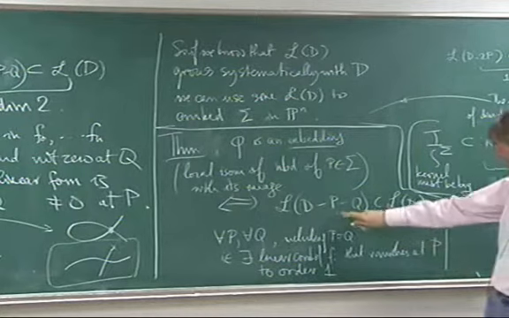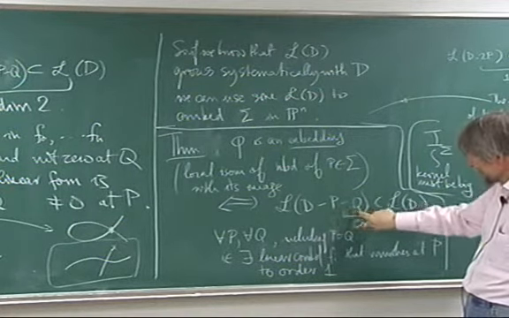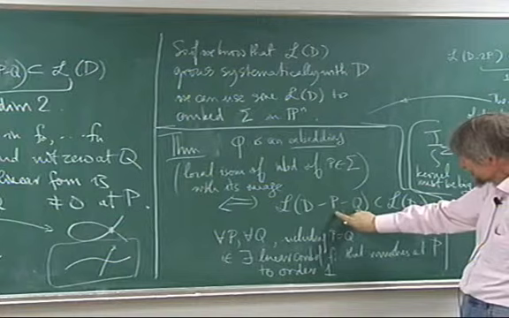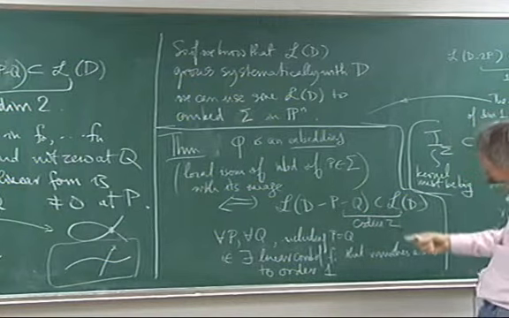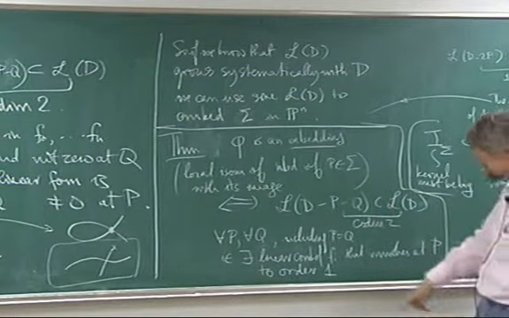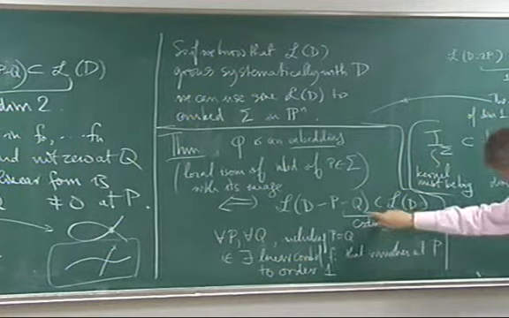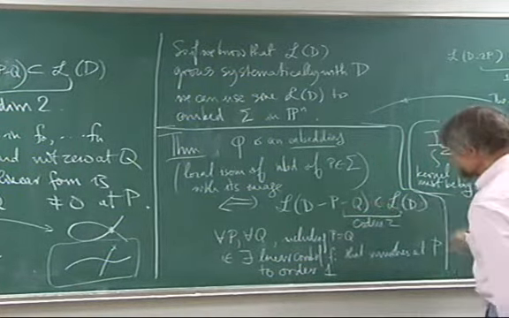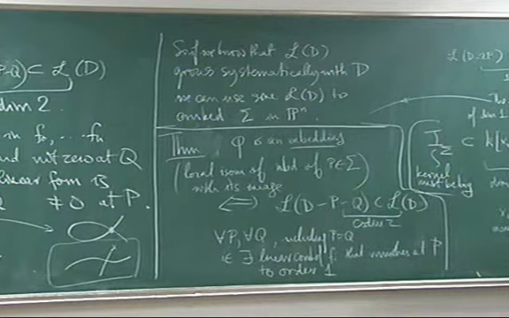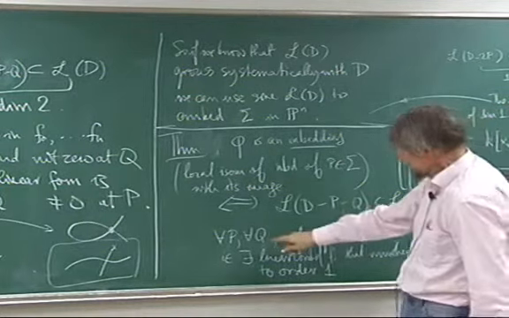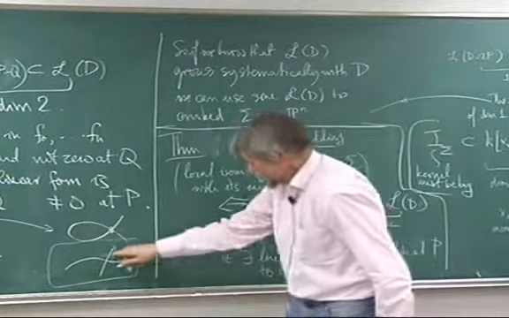This condition here with P and Q distinct points guarantees that the map is an embedding, and this condition here with P equals Q guarantees that, the first thing guarantees that it's set theoretically 1-to-1, and the second thing here guarantees that at every point it's a local analytic embedding.